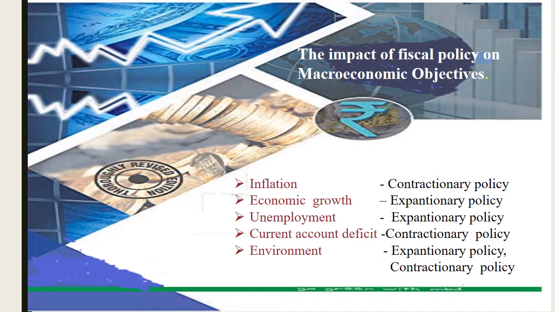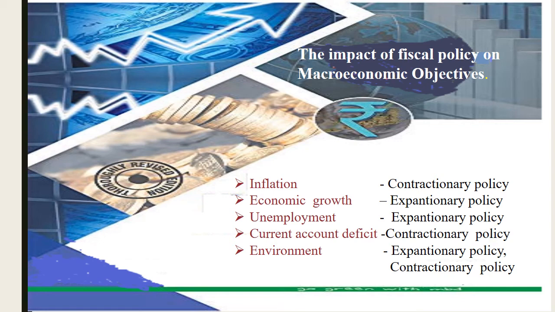Again, what will happen to the policies when a government wants to achieve economic growth in the country? The government should turn the spinner anti-clockwise. Why? To increase government expenditure and cut taxes.